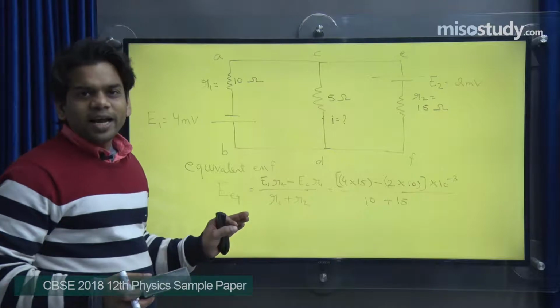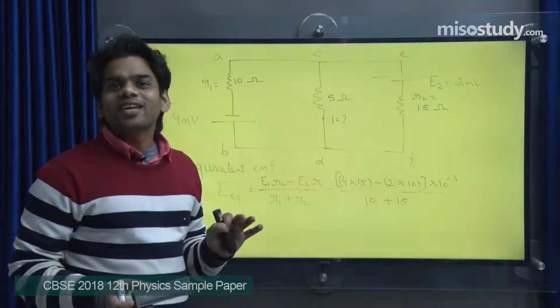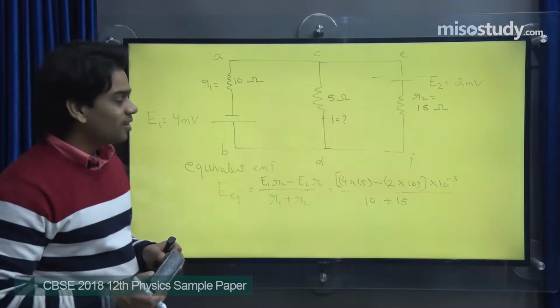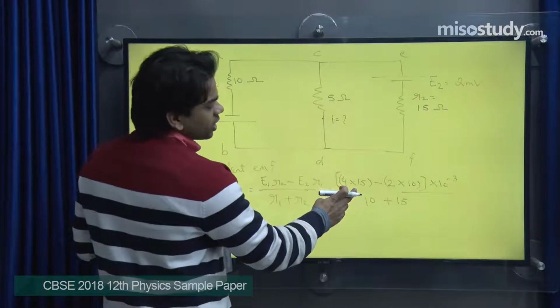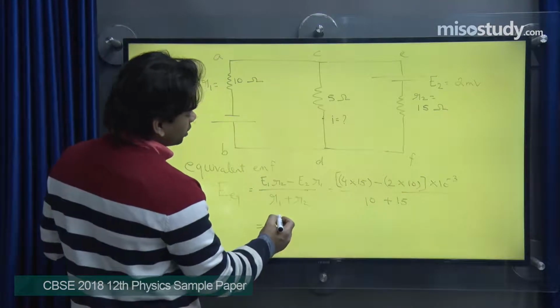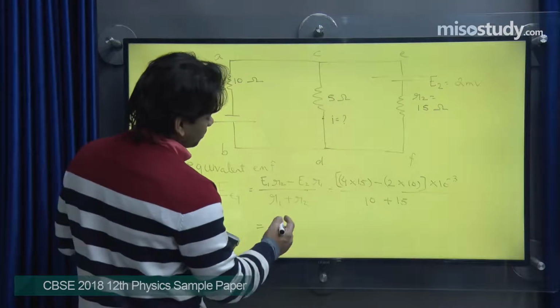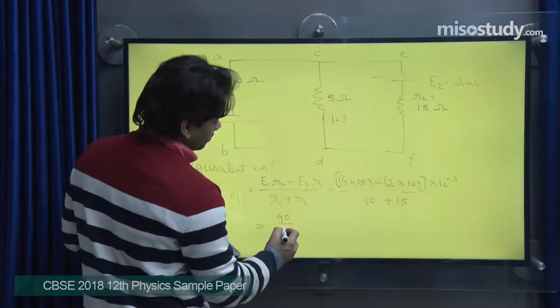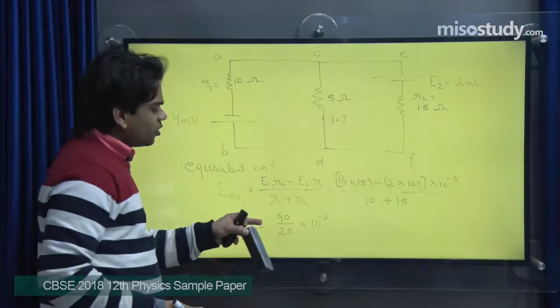The method that I have applied here, I have applied directly. You have to check how to find the equivalent EMF when cells are connected in parallel, and by that we have got this. From here, 15 into 4 is 60, 60 minus 20 we got 40. So 40 divided by 25 into 10 to the power minus 3. Now easily you can obtain this.